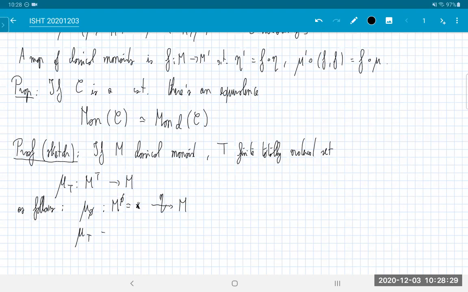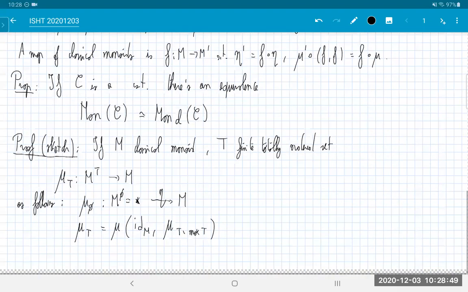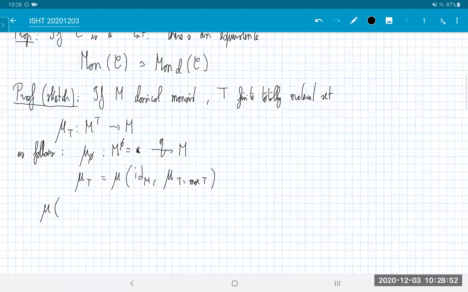And then mu T is mu of the identity of M, mu T minus the maximum of T. Morally, this is mu of x0 through xn is x0 times through xn.